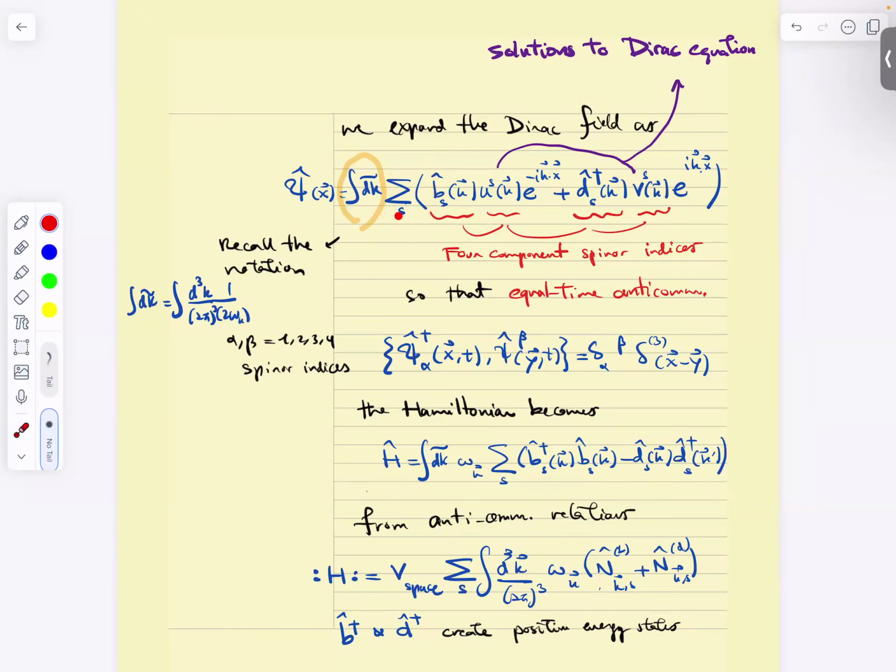Of course, I have all the spins, so I'm going to sum over the spins. There will be the b_s and then d dagger of s, e to the ikx and e to the minus ikx. All right. These are the solutions. u_s and v_s, what are they? These are the solutions to the classical Dirac equation. We solved them, right?